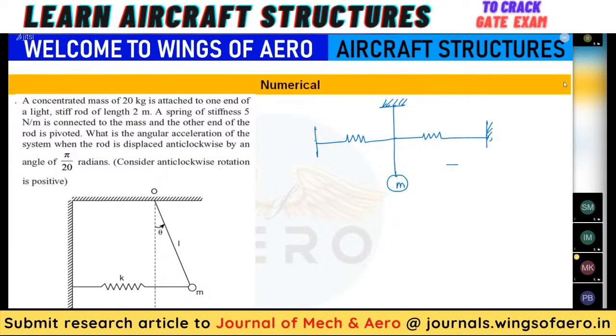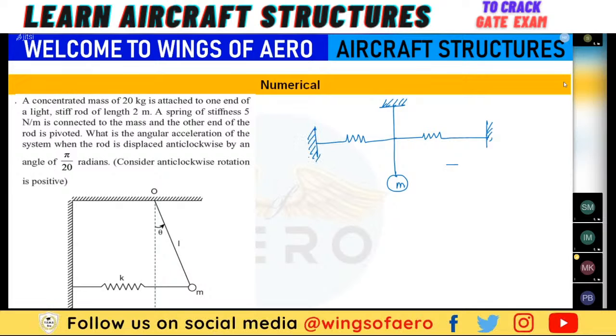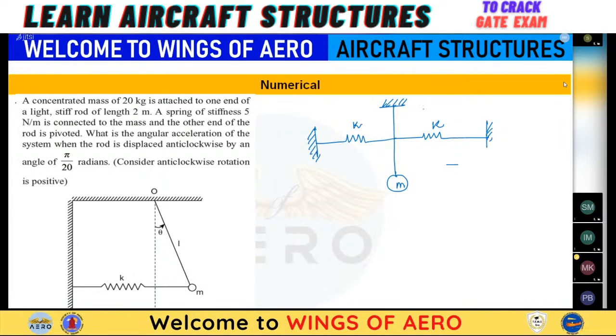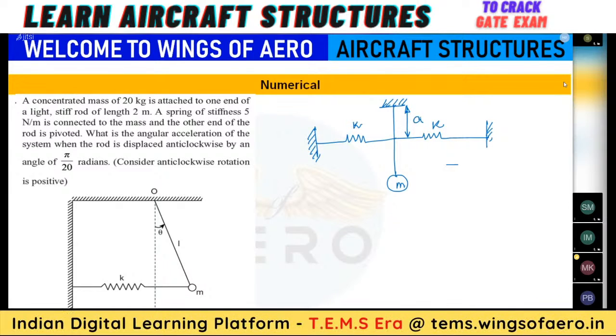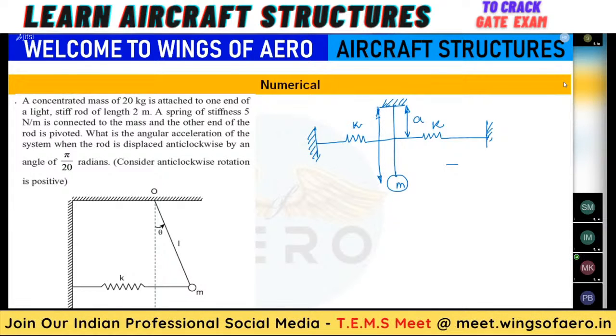Both ends are also fixed, and the stiffness is k. The distance from here to here is a, and here to here is L.